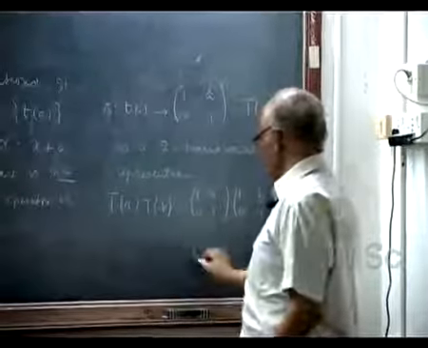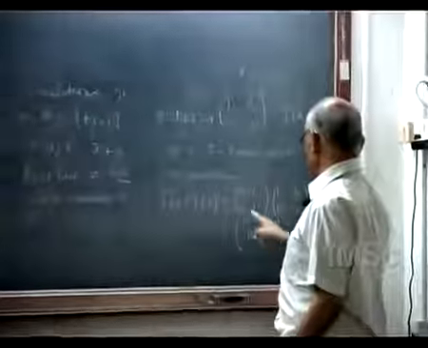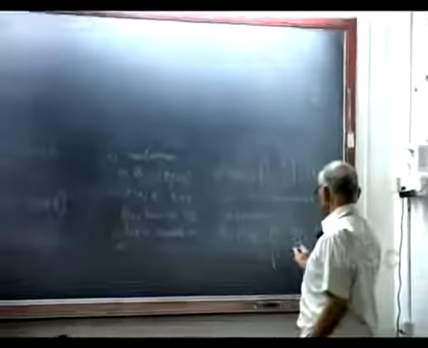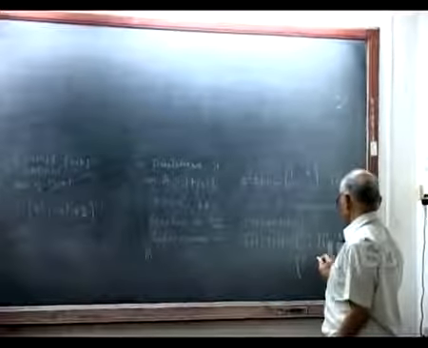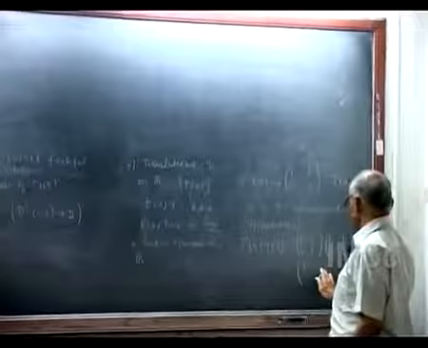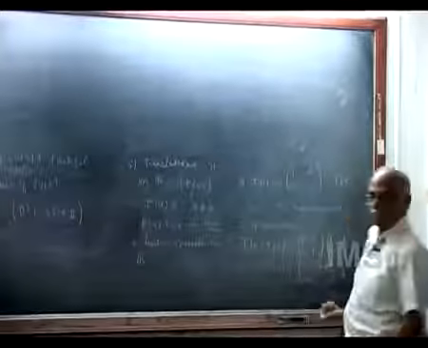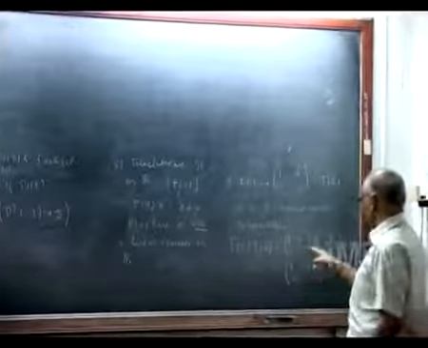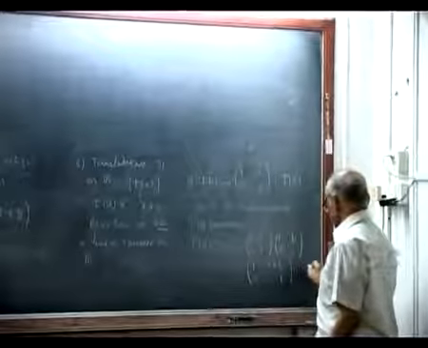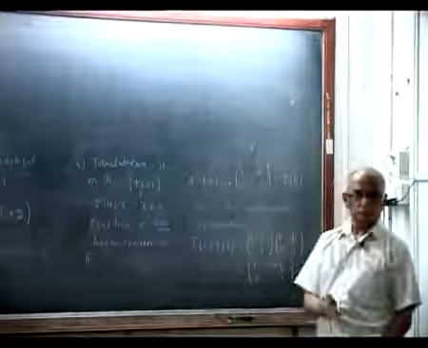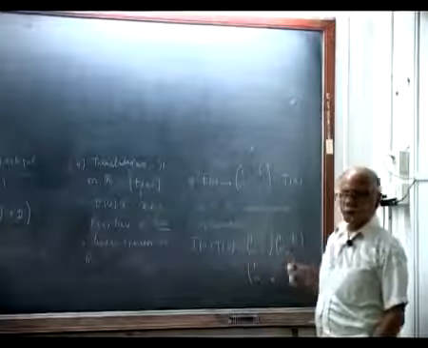You can see that I should get A plus B here, and 0 1. So this is T of A plus B. So this is a representation, but it's a peculiar representation.